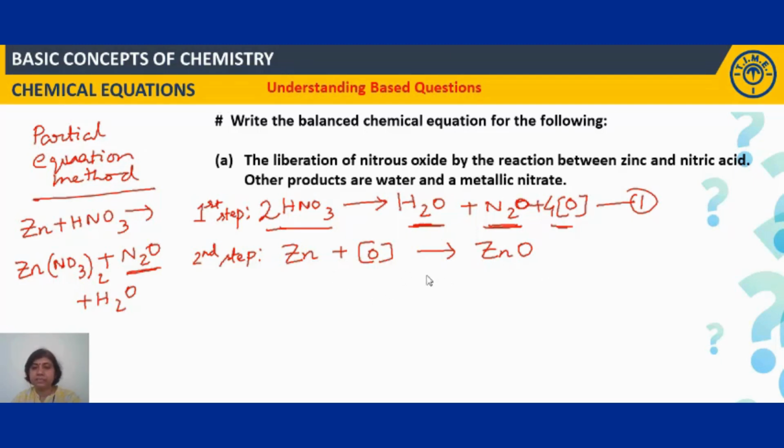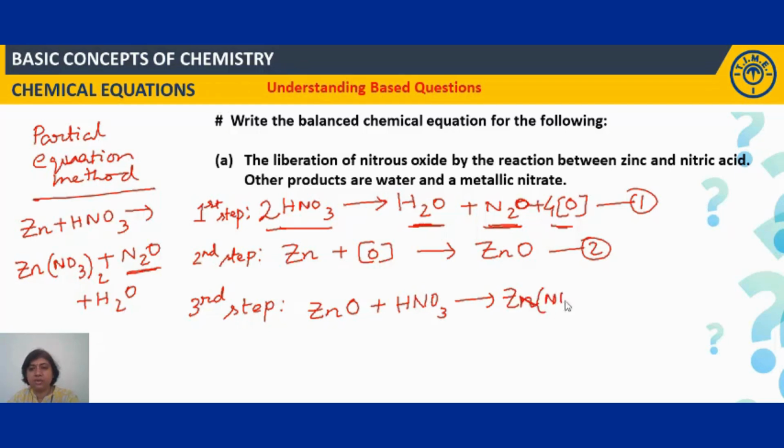Fine. Now the third step we will write. In the third step what happens? Let us see. In the third step, this zinc oxide, which is the product in the second step, let us write this as equation 2. Zinc oxide plus nitric acid, it will react with nitric acid to form, it is an acid base reaction, very simple, Zn(NO3)2 plus water, right?